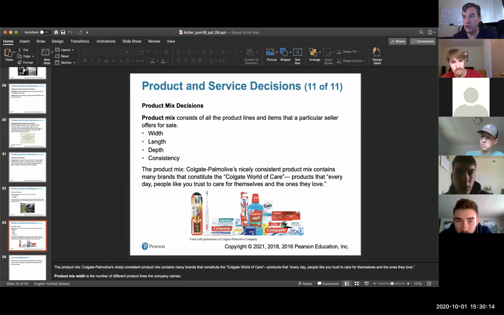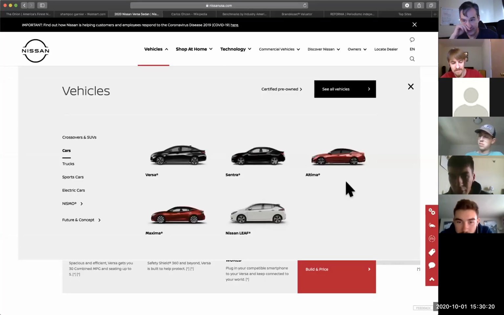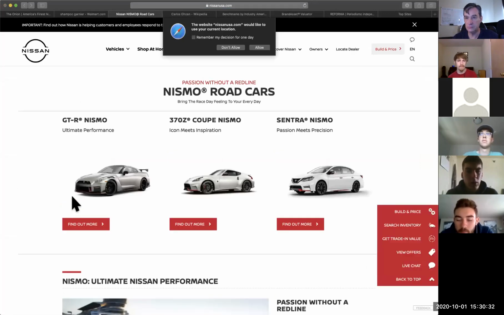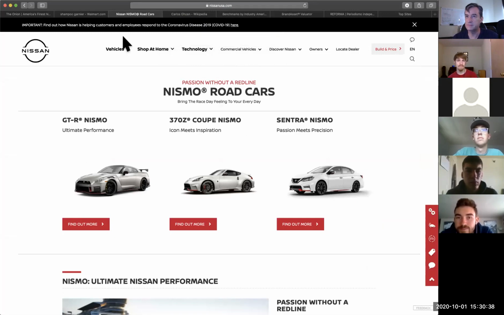In the case of Nissan, the mix is you have cars, trucks, sports cars, electric cars, and this thing, Nismo, which looks kind of nice.